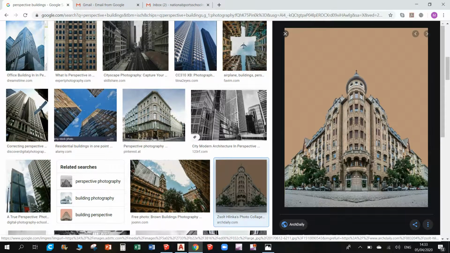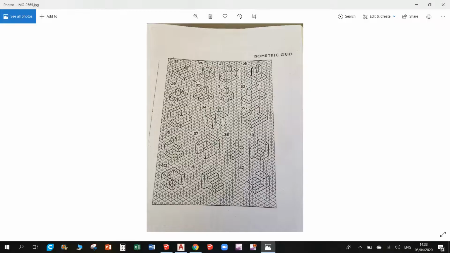Today, to start up, we're going to refer to handout 50, which is this handout. We're going to do question 42. At the moment, you're going to see it in isometric, but we're going to change it to perspective.